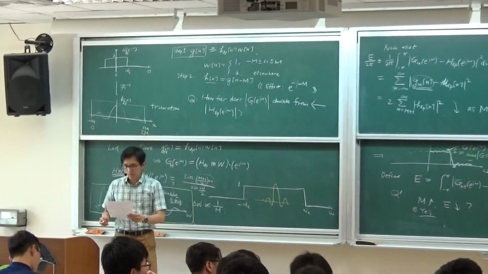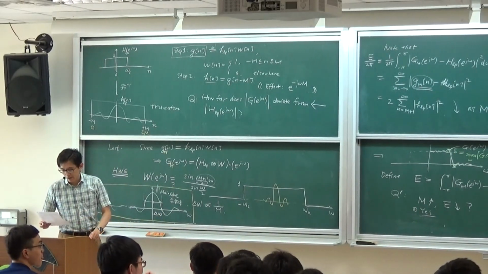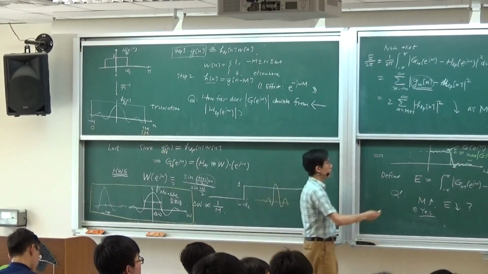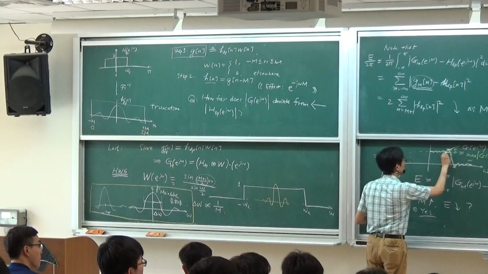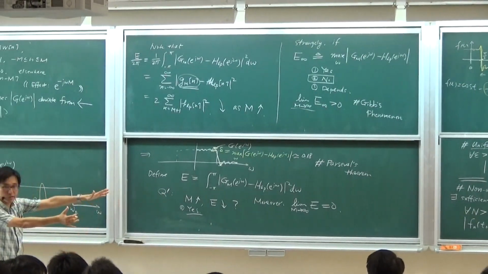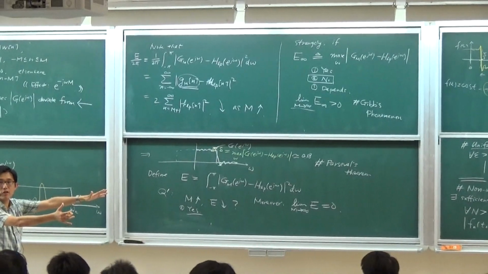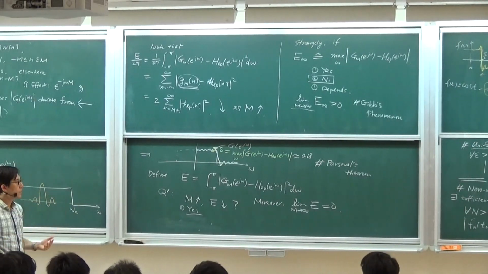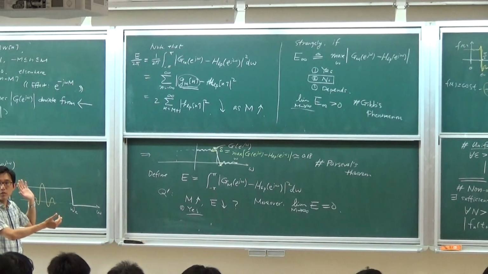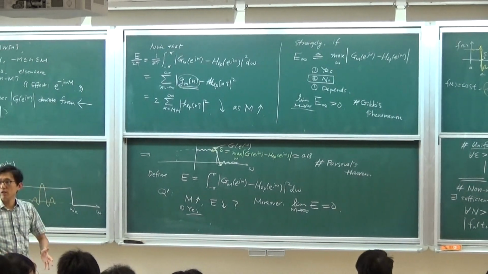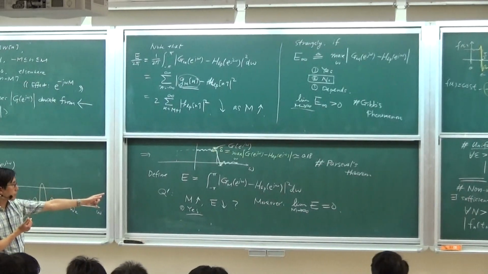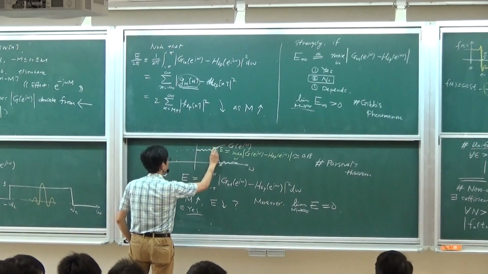Okay, so that's about it today. Next time, a preview. I hope that by this discussion, I've shown you that the rectangular window does not do the job perfectly. Yes, it is optimal in a certain sense, but you simply cannot reduce this maximum error.